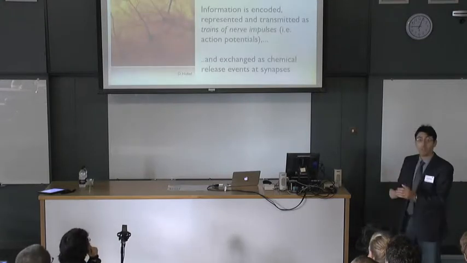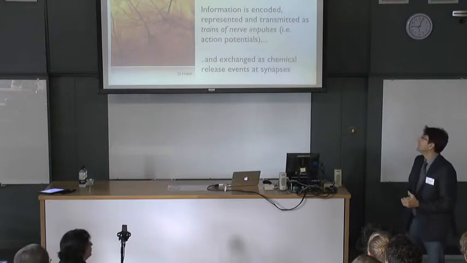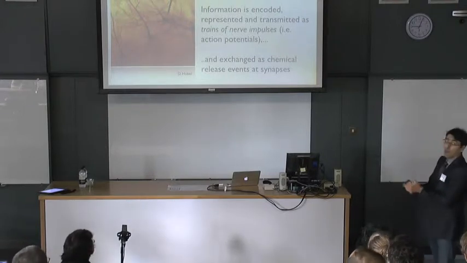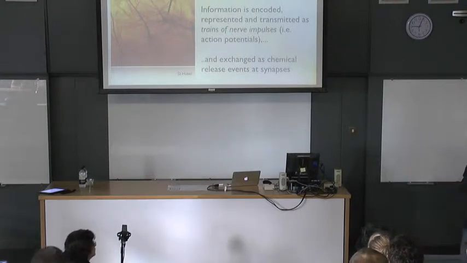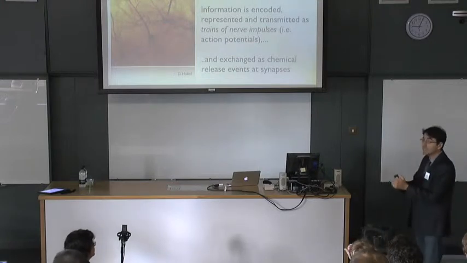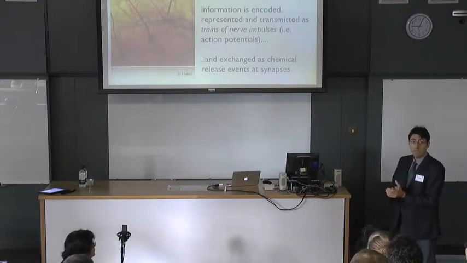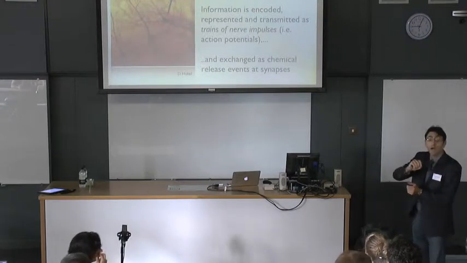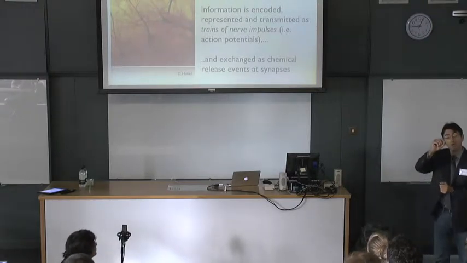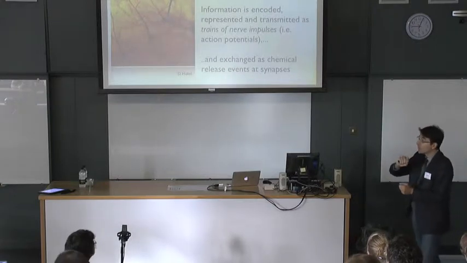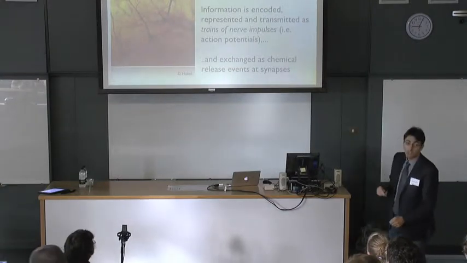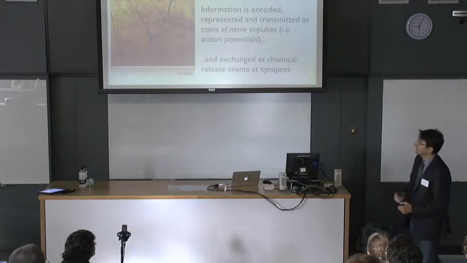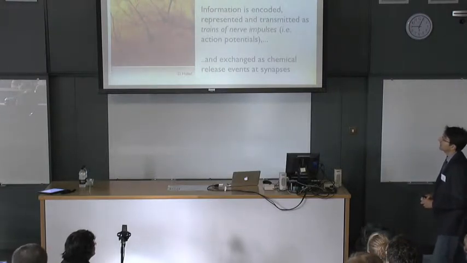I will not spend a lot of time emphasizing that neurons are electric devices and they communicate by pulses, and these pulses are the result of some excitable properties, which ultimately refer to ion channels, to how the permeability through the biological membrane of these neurons allows ions to cross it.